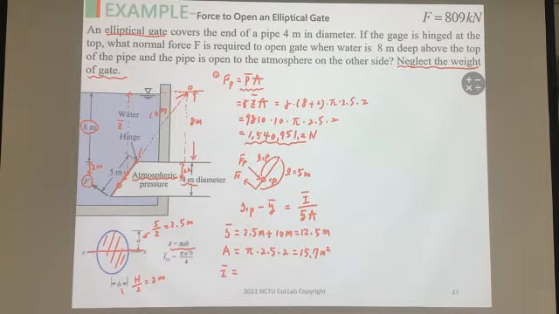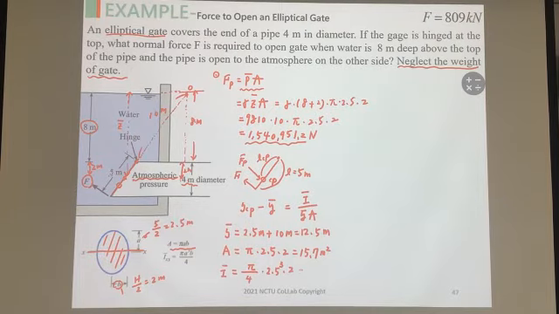You check, this is the hinge point. The rotation direction is along the B direction. So we can simply follow this I bar formula here. The I bar is pi over 4, times the 2.5 to the power of 3, multiplied by A, which is 2.